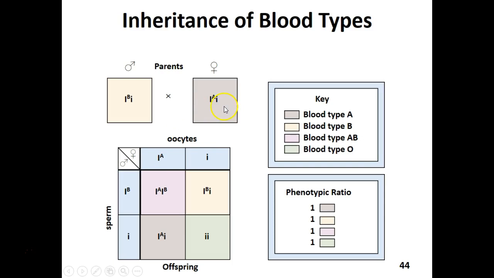So this one is A, this one is B. And so we're going to have a 1/4 probability of having AB blood, 1/4 probability of having just B blood, 1/4 having just A, and 1/4 having ii or O blood type. This same slide, oh, I didn't do it. Okay. I could have changed it to where it was just big A, big B, and then over here would have been BO, and then here would have been AO, and this would have been OO.